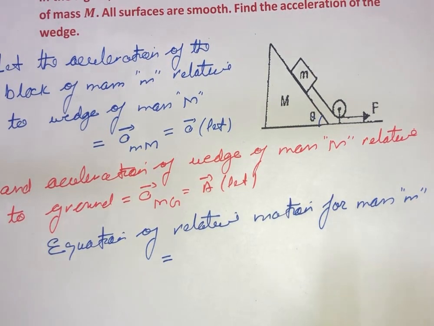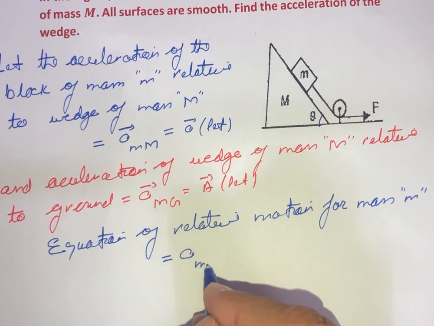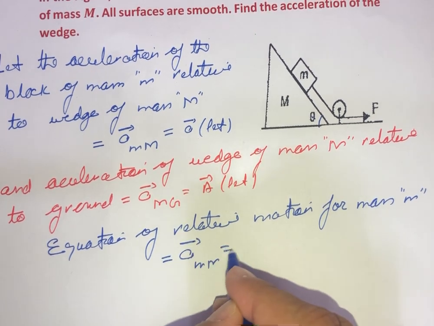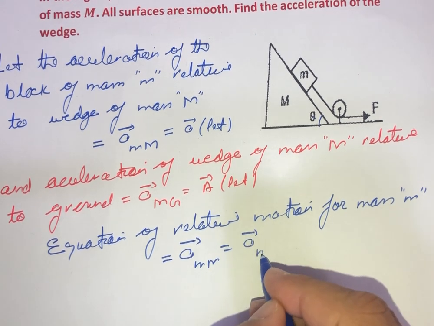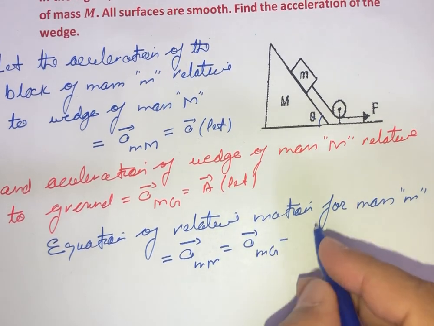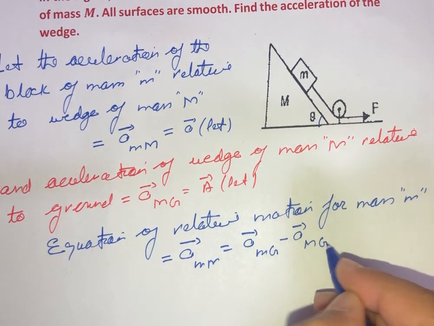A M M is equal to A M with respect to ground minus A capital M with respect to ground.